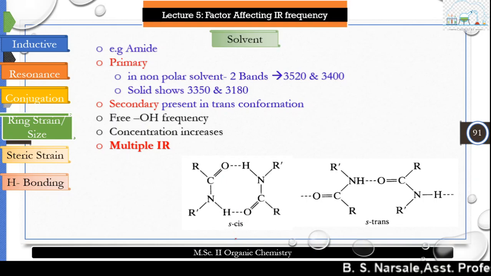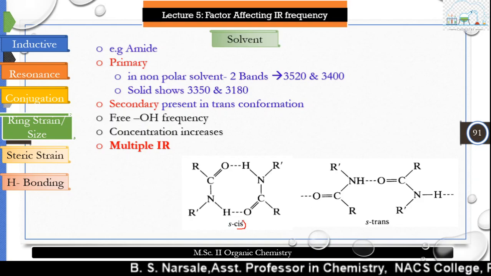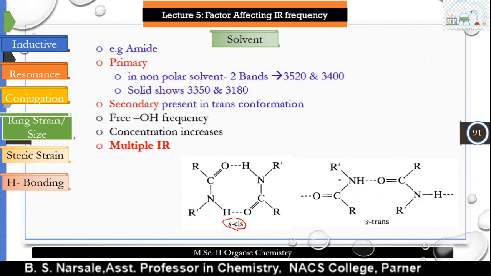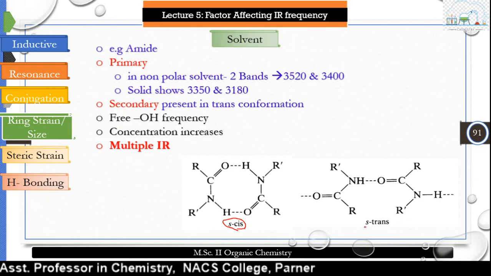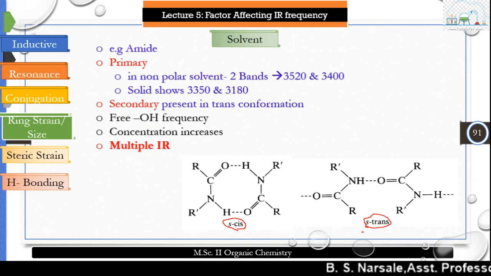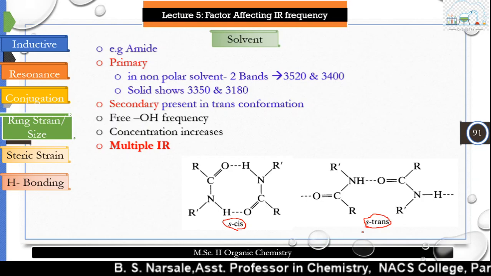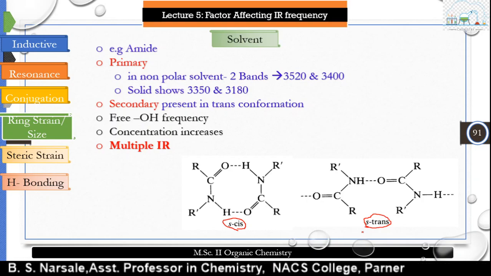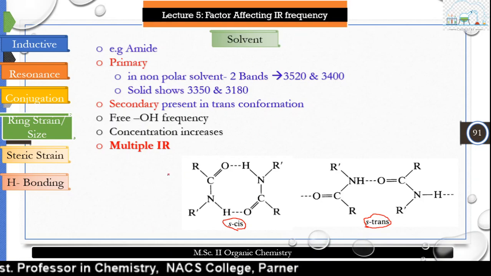That means secondary amides, if they form a dimer, have the cis conformer, and if they form a polymer, they have the trans conformation. Hence they are affected by the solvent, because they are present in hydrogen bonding. That means concentration, solvent and hydrogen bonding are interrelated with each other. These are all the effects on IR, where mostly we look at the carbonyl stretching frequency.